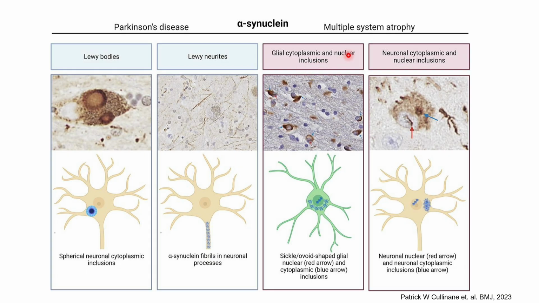In multiple system atrophy, in the glia it could be arranged in a sickle shape around the nucleus, or it could be nuclear. This is the nucleus of the neuron, and the brown with the blue arrow is the inclusion body.